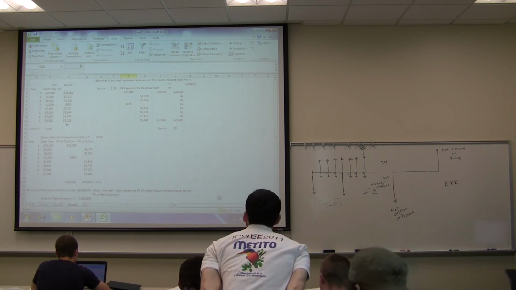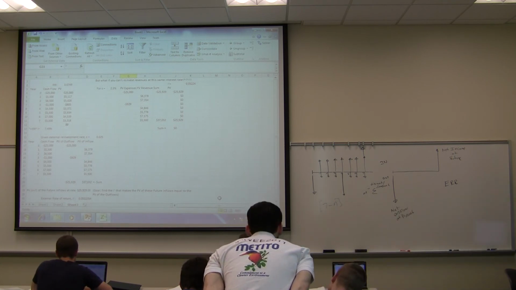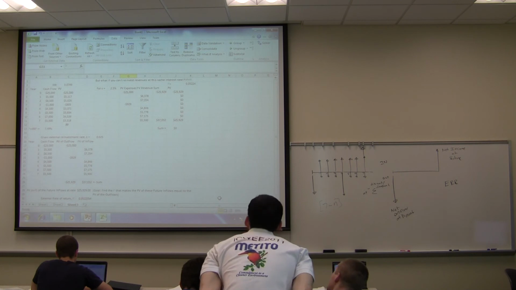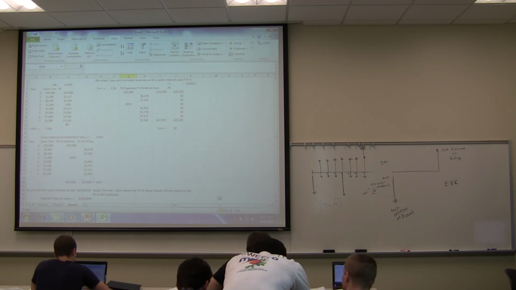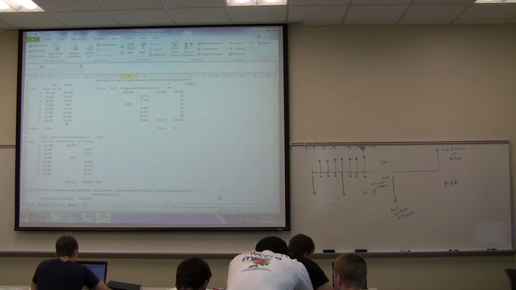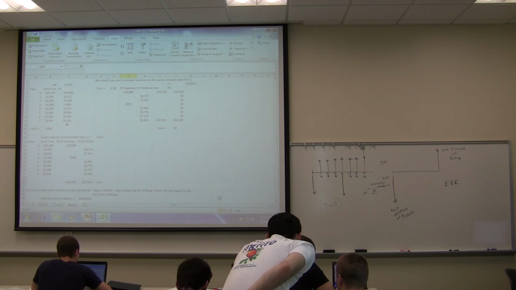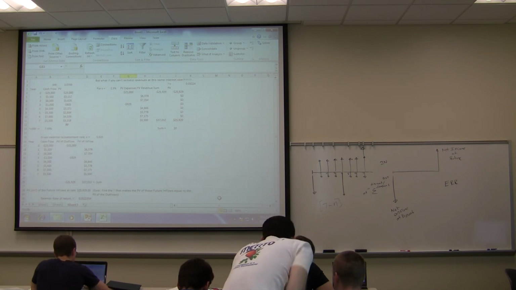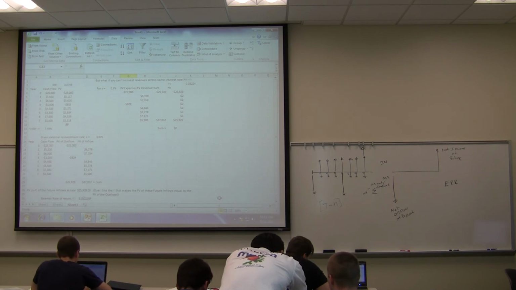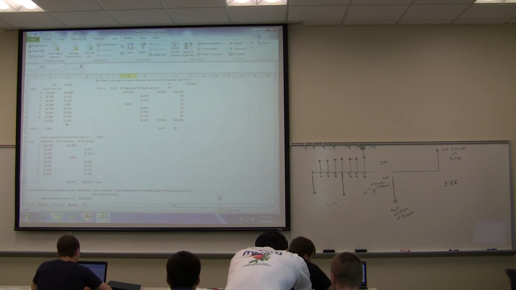How are you doing that? Instead of saying for it to be equal to zero, I want to make sure that both of these are referencing.